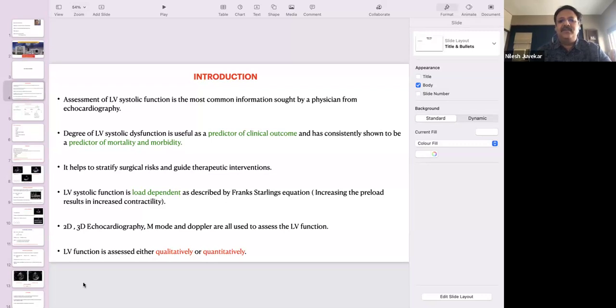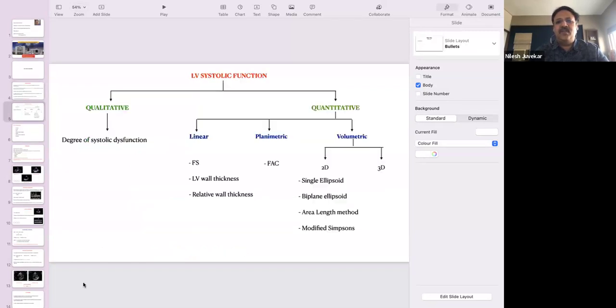There are various methods by which we can assess the LV systolic function. It may be either 2D echo, 3D echo, M mode, or the Doppler. LV function is assessed either qualitatively or quantitatively. When we say the qualitative assessment, it is basically by what is called eyeballing, in which we assess the degree of the systolic dysfunction.